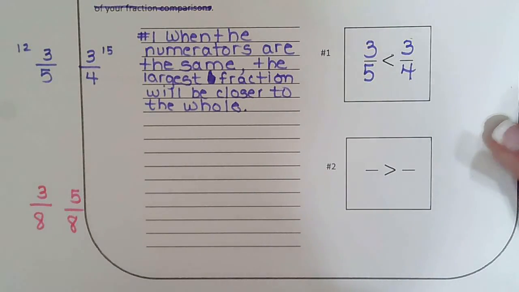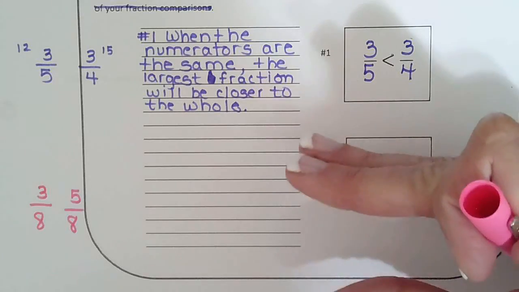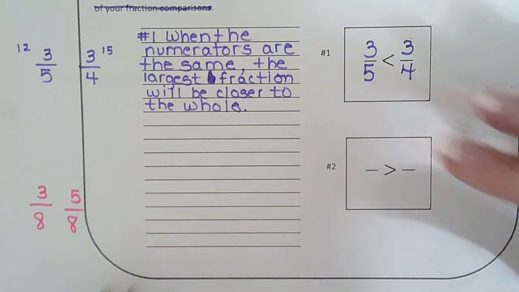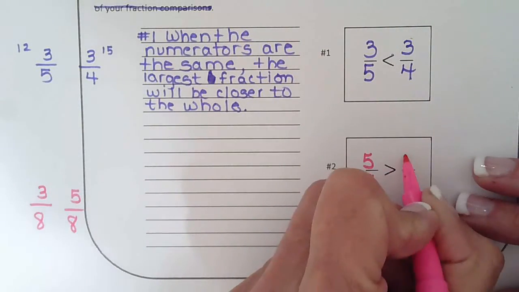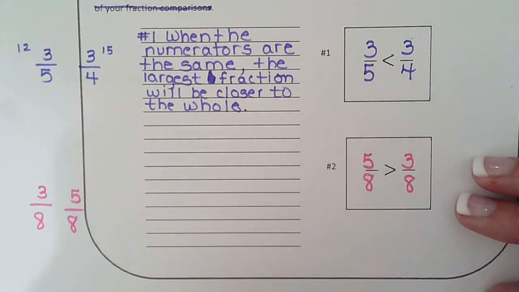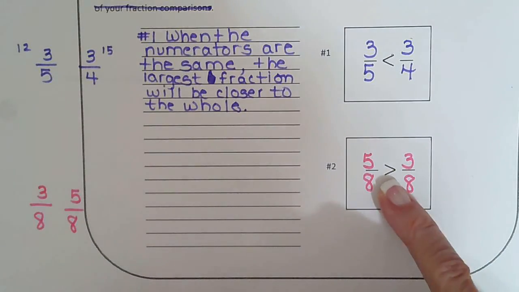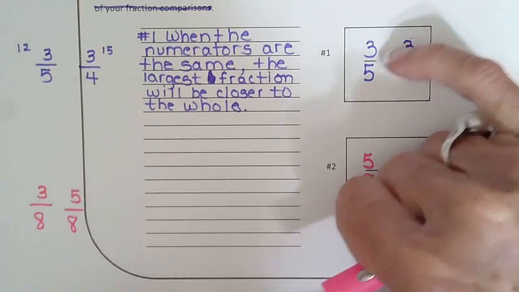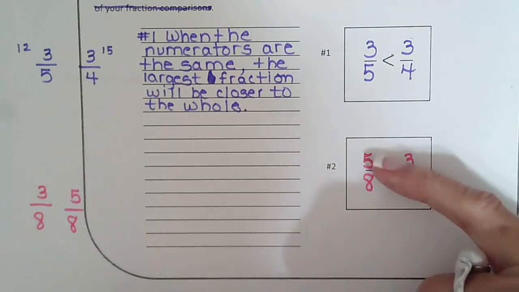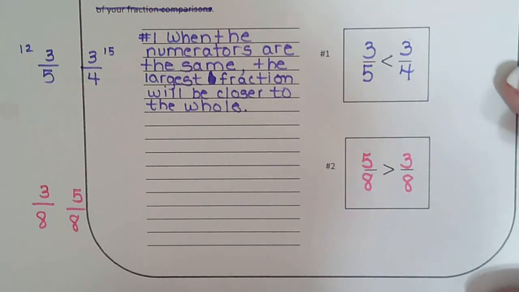So 5/8 is larger, so it eats the big one. So this is going this way. So that means the 5/8 has to be here and the 3/8 here. And also remember that this is not an L, it's backwards, so that's why we know it's greater than. When it looks like an L, it's less than. When it's not an L, it's greater than.